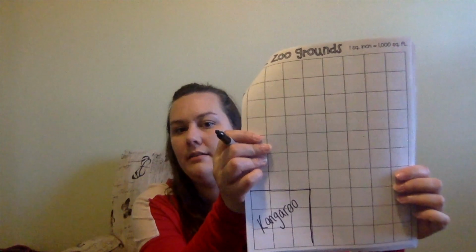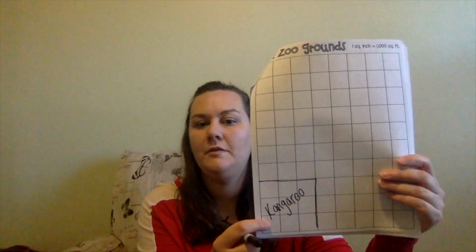So I would just go ahead and find 9 boxes, and I'm going to label them kangaroo. So there's an example of that. I have space for all 3 of my kangaroos in my 9 boxes. If I only had 1 kangaroo, I would only need 3 of the boxes. Okay, so that's how you'll do that.